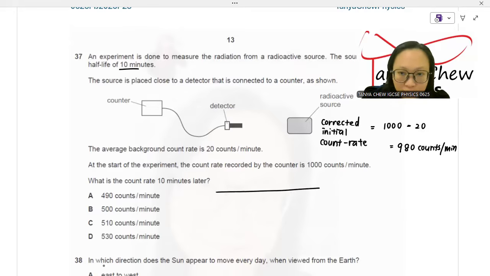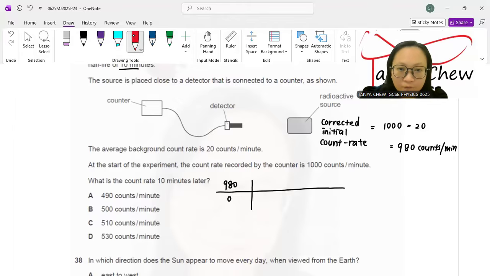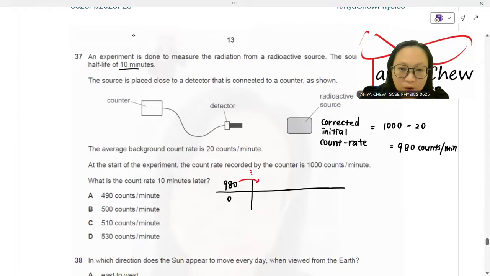So I draw a table like this. Initially is 980. This is when time equal to 0. And at half-life, the initial count rate must be decreased by half. So you just divide 2. This is 490. This occurs at 1 half-life, which is 10 minutes. Now, what is the count rate 10 minutes later?